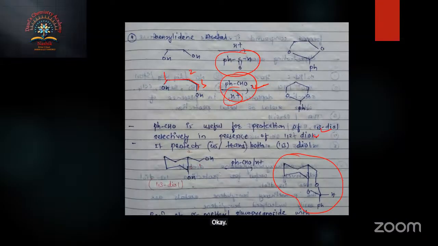Okay, online. So let's say we have one example. We'll see here. Let's say we have this example, and you are using benzaldehyde as the protecting group.